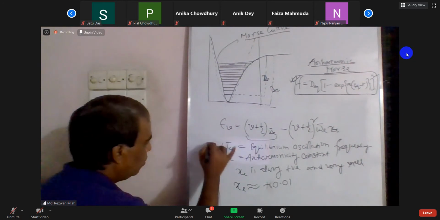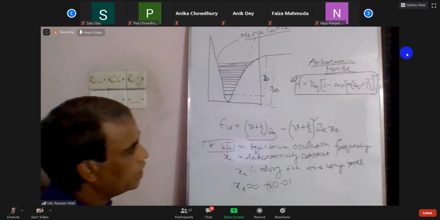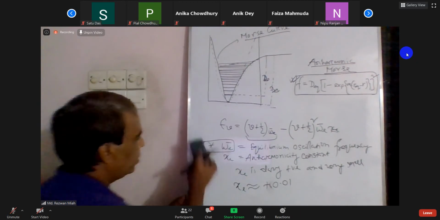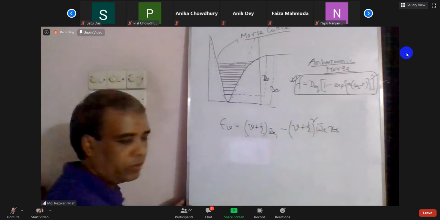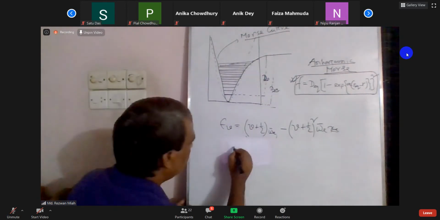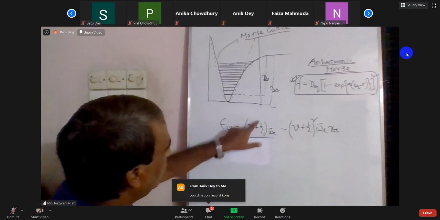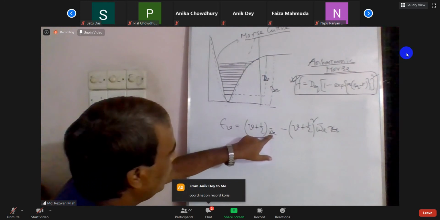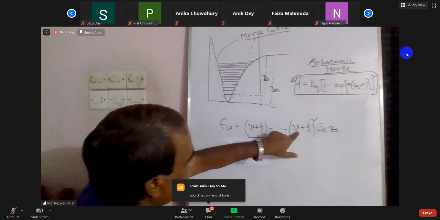Here, we have to explain what equilibrium oscillation frequency means. For that, we modify this equation a little bit. You see, this is a common part: mu plus half into omega E bar, and we also have omega E bar and mu plus half.